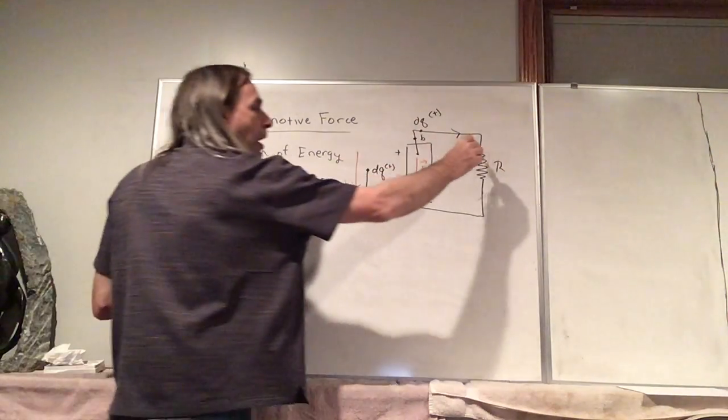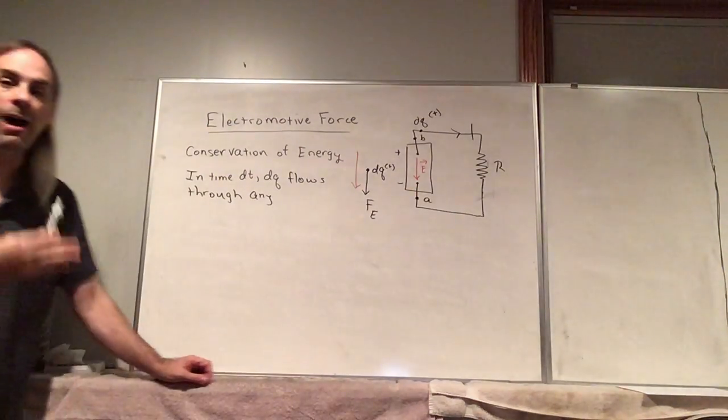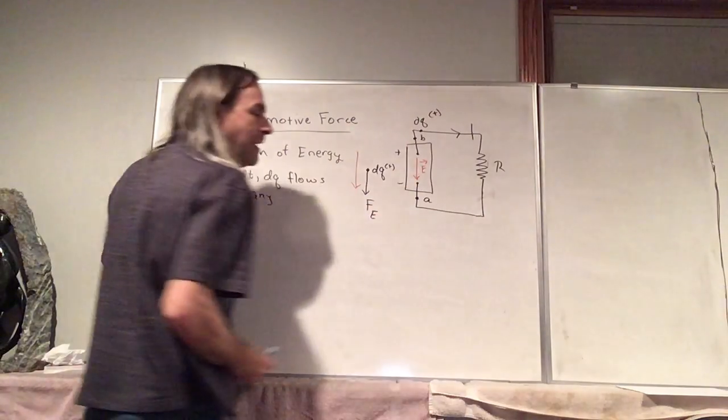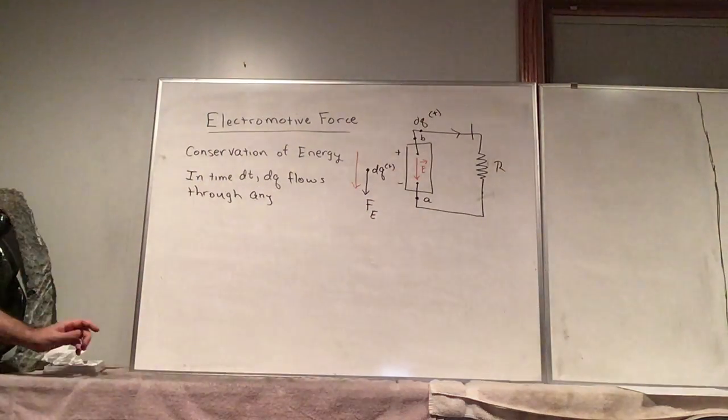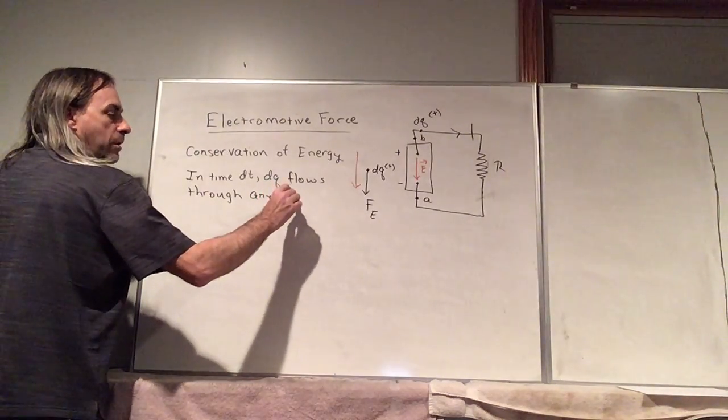So we can identify, let's just look at this line here, how much charge passes that line. That would be dq. You can look at any part in the circuit where the current is steady.